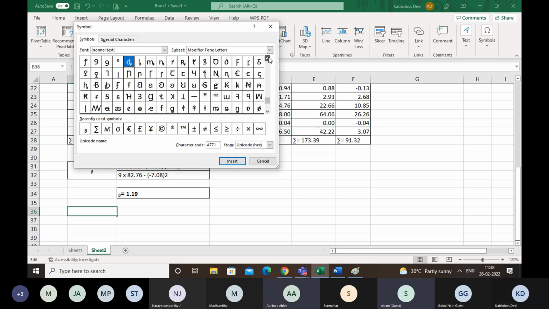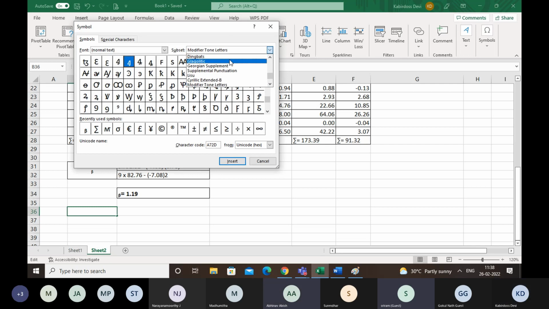Ma'am, in mathematical symbols. We were using mathematical symbols. I don't find it here. I think it's mathematical, ma'am, that they used.